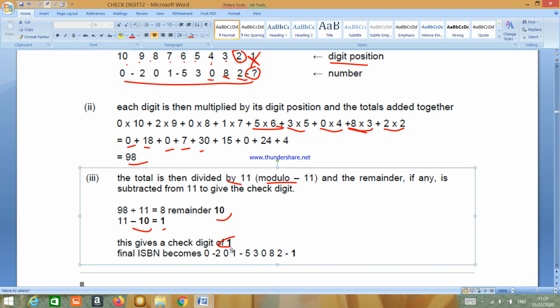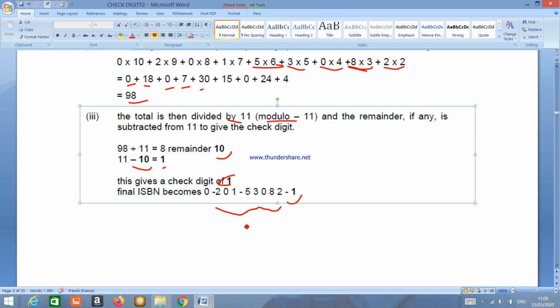Now the check digit is 1. We put it at the back of the original number. This is our original number and we put the check digit at the back of it. So when we transfer this ISBN number together with the check digit, what will happen at the other computer?